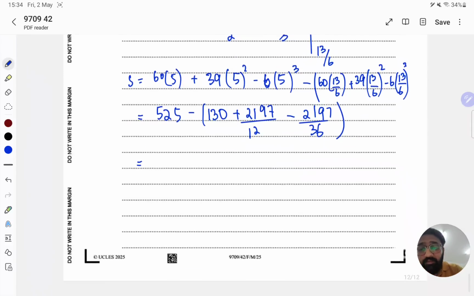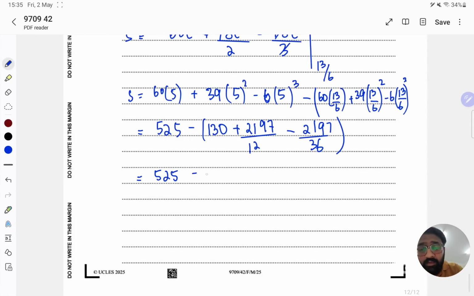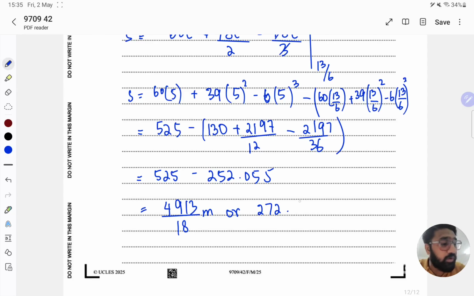So it is 525 minus this, and the answer is 4913 divided by 18 meters, or 272.9 meters. This is the distance that is traveled between the two times.